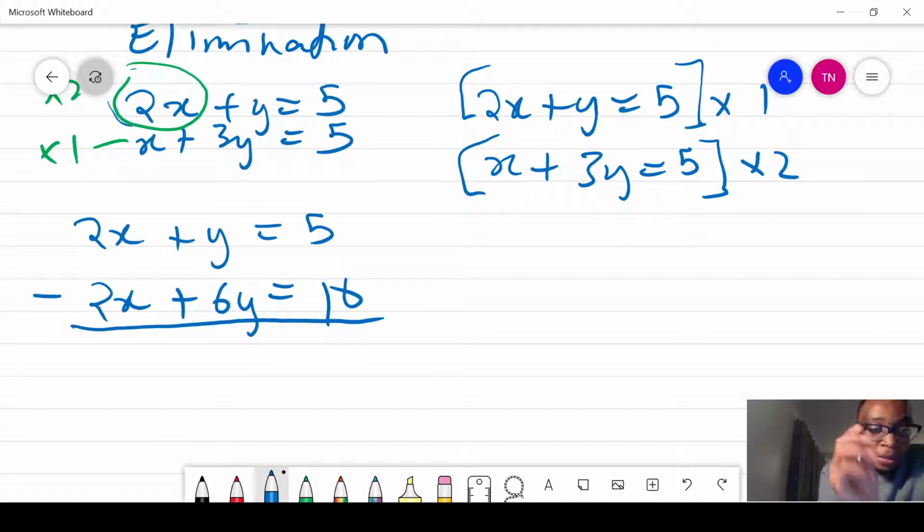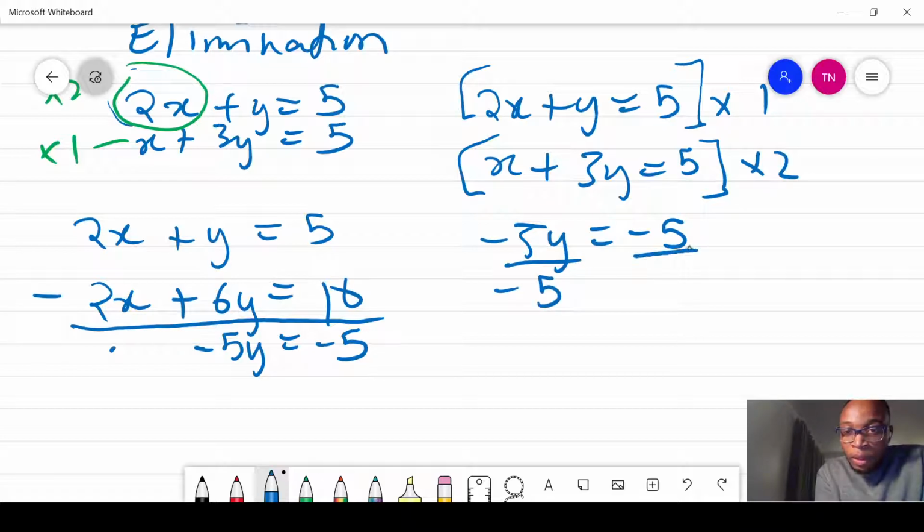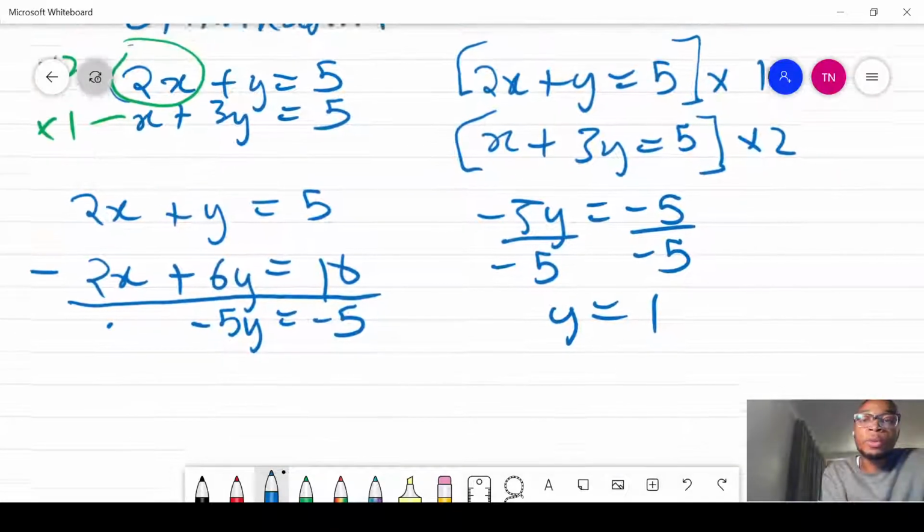So 2x minus 2x, it gives you 0. Then y minus 6y, it gives you minus 5y. Then 5 minus 10, it gives you minus 5. Then minus 5y being equal to minus 5, we can just divide by minus 5 both sides. Then you get y is equals to 1, as in the first equation.